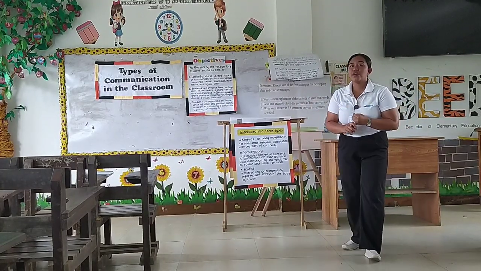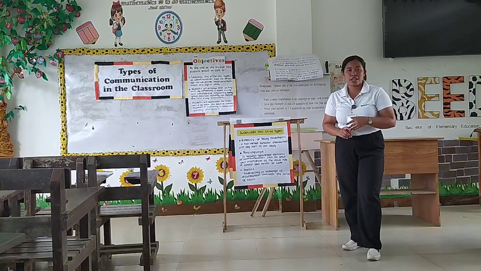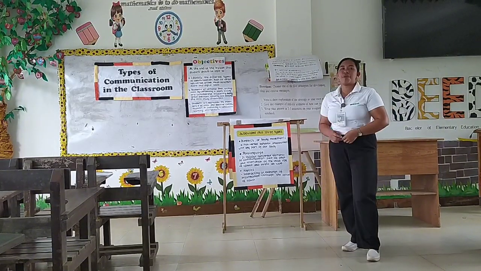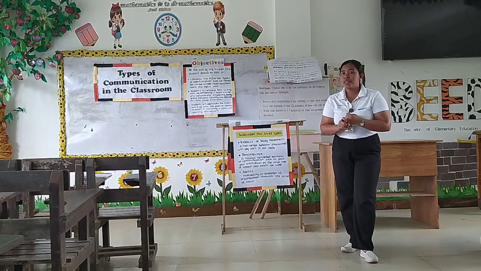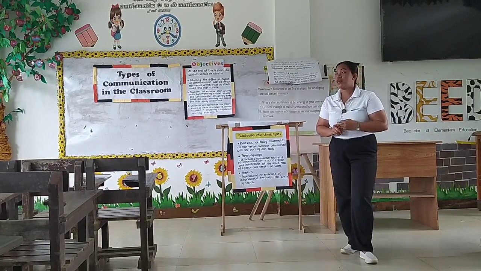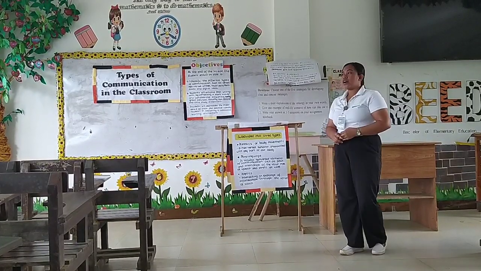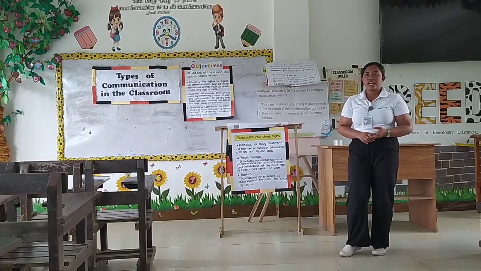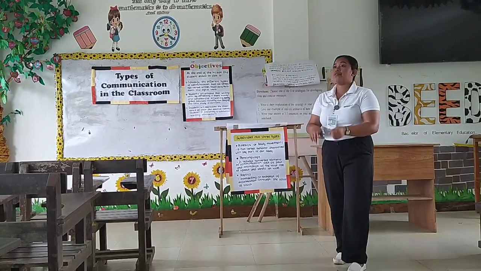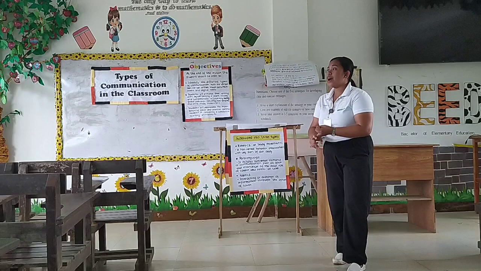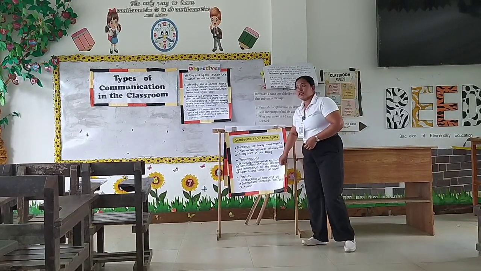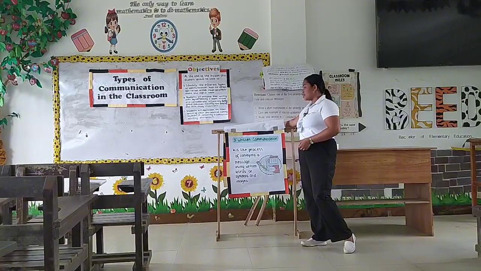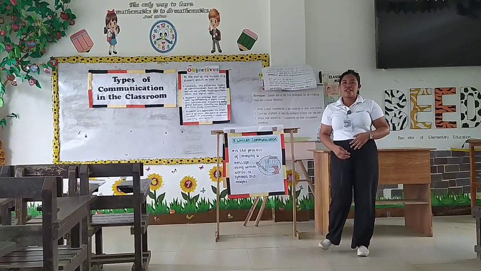Again, what are the three types of non-verbal communication? That's right, we have the kinesics or body movement, paralanguage, and haptics. Again, what are the two types of communication that we already discussed? We have the verbal and non-verbal communication. Now let's proceed to the third type of communication, which is written communication.